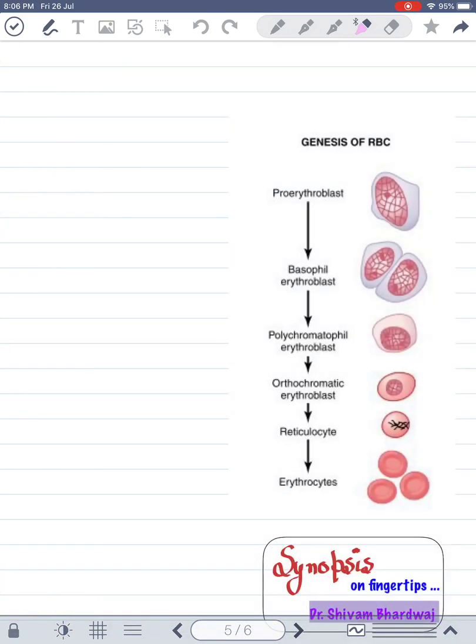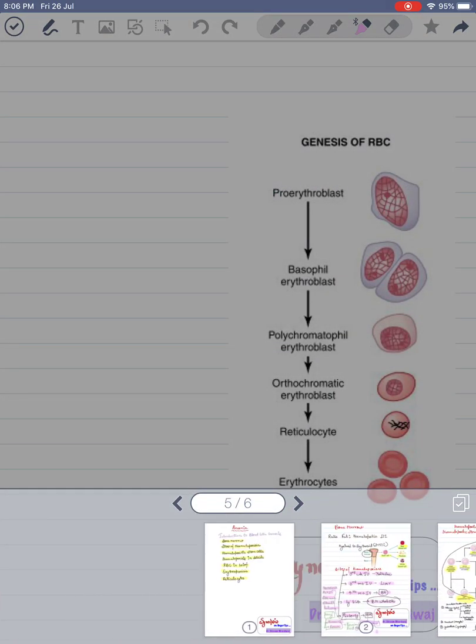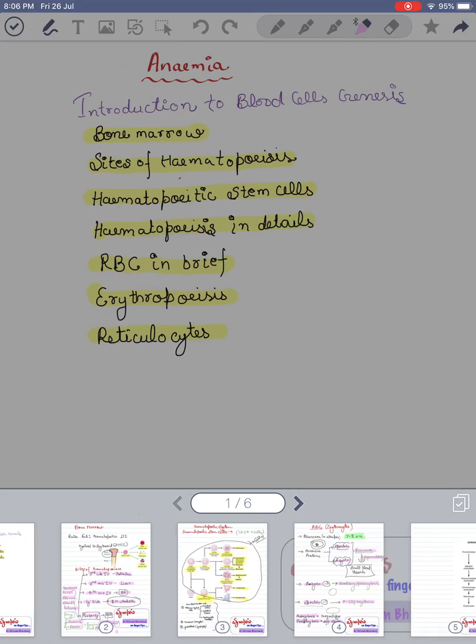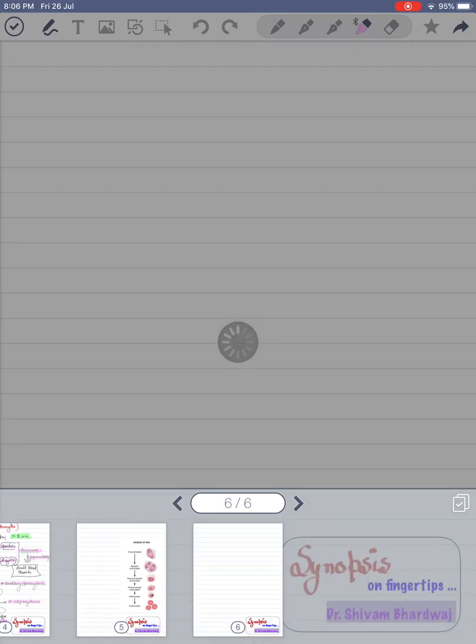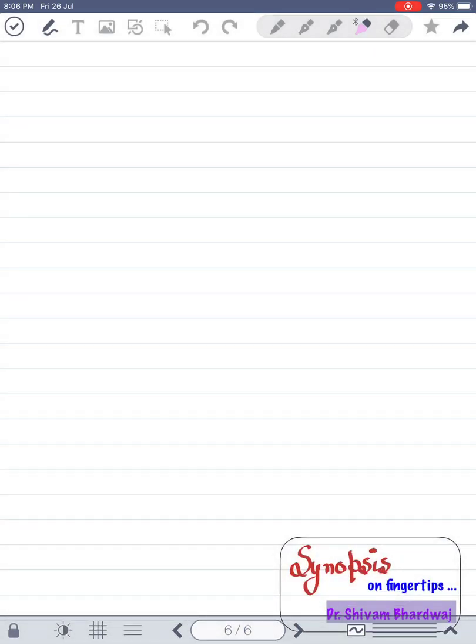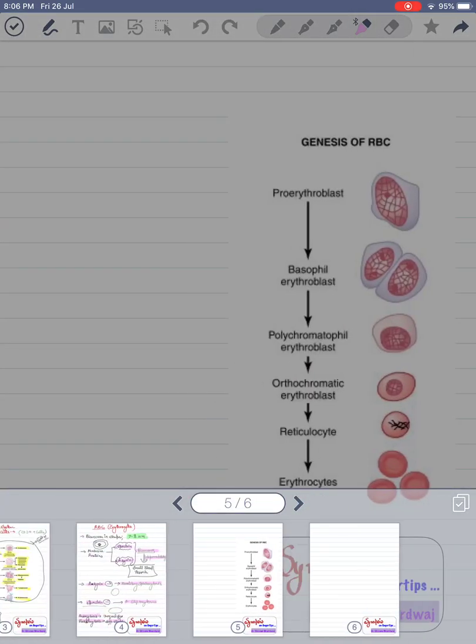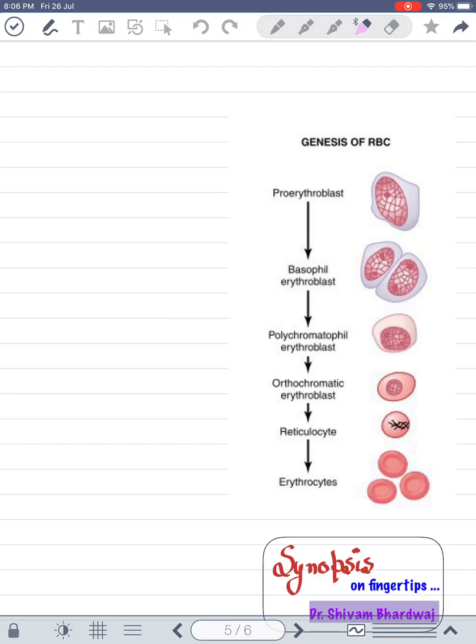Now coming to the next topic, that is genesis of RBCs. How RBCs are generated. This whole formation of RBCs is known as erythropoiesis. So what happens?